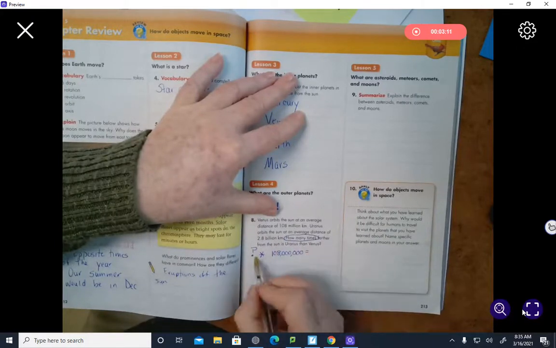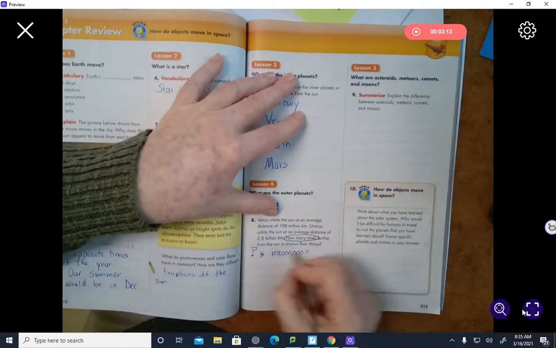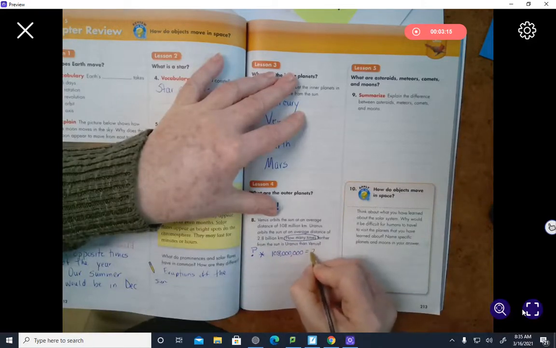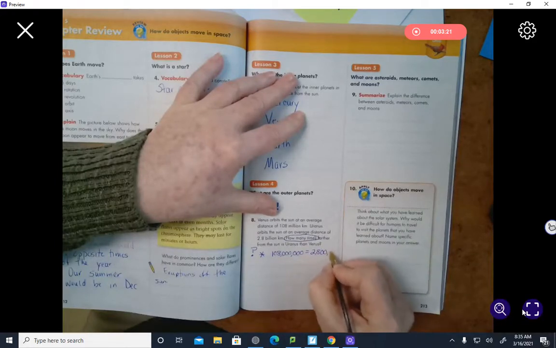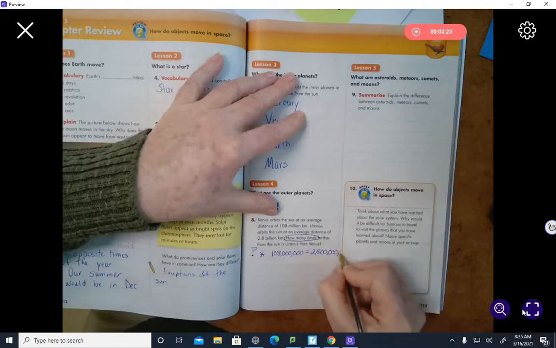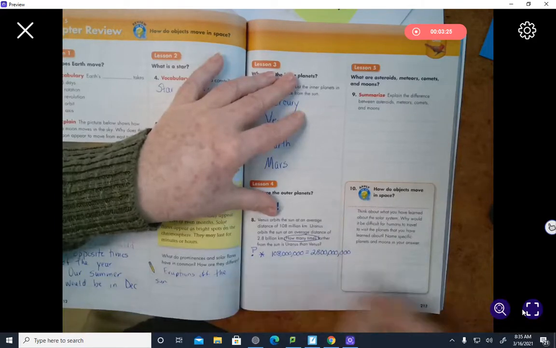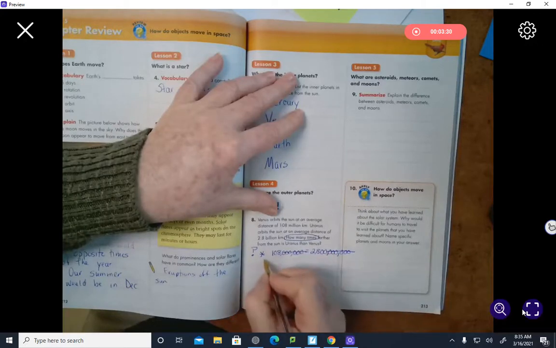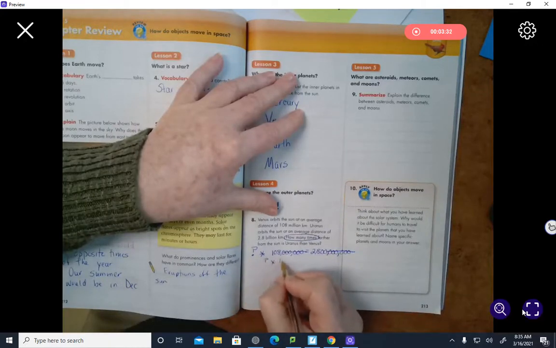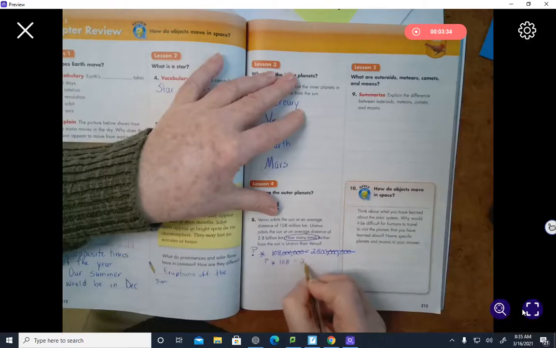How many times do you have to multiply Venus to get Uranus's distance, which is 2.8 billion? That would be billion, and that would be a million, and this would be thousands, and this would be your units. You learned in math that you can get rid of some of these zeros. So now you're down to what times 108 equals 2,800.